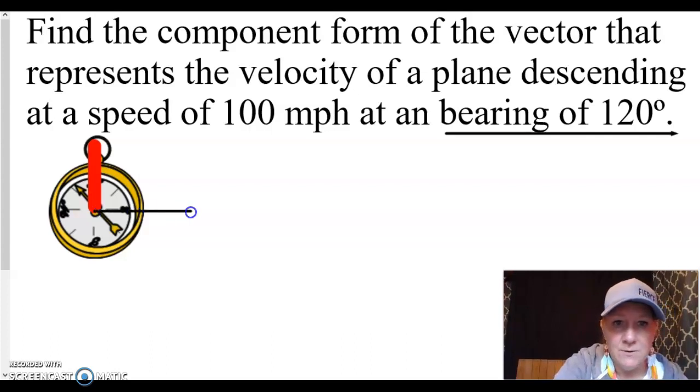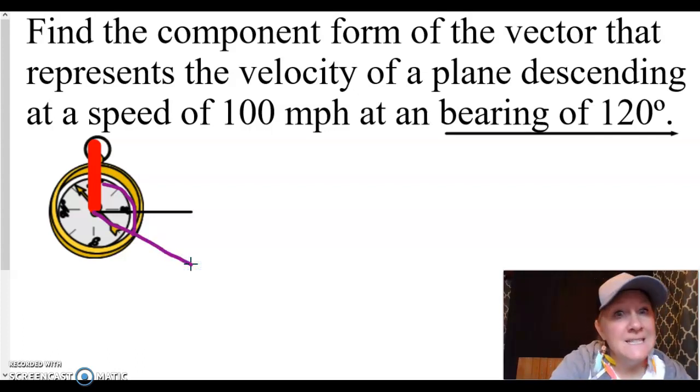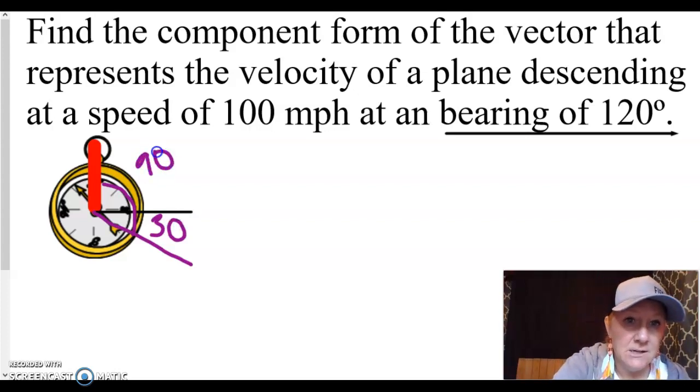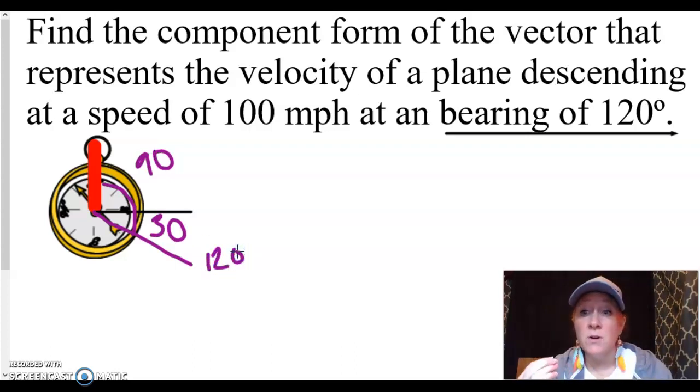So what we have to do is start up here and go 120 degrees. That's right there. If that's the case, then this right here is 30, because I've got 90 here plus 30, and those together give me 120 degrees from north.